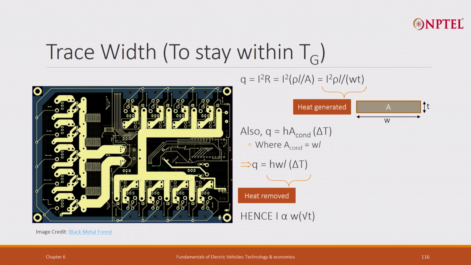So, let us say I want to pass 100 amperes. I have got 35 microns thickness and a trace width of 10 millimeters. Supposing I make the trace thickness double, I make it 70 microns, then what will happen to the trace width?